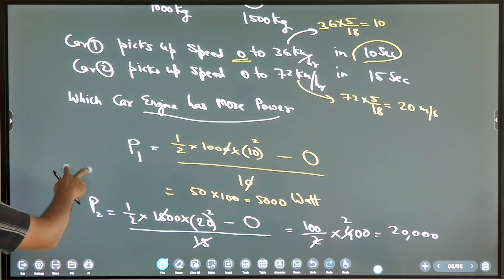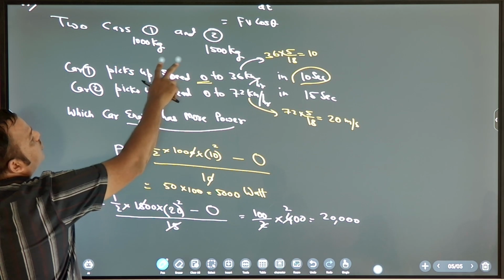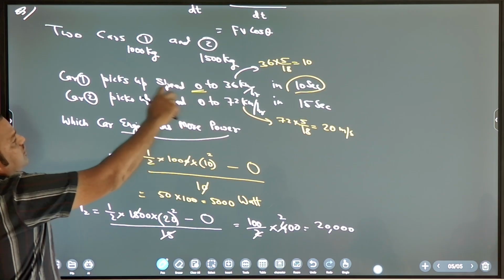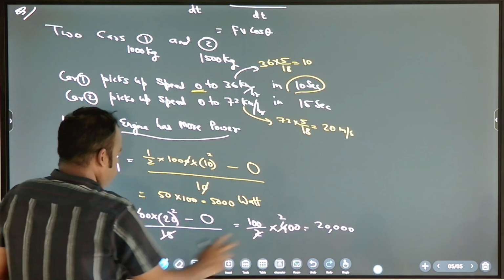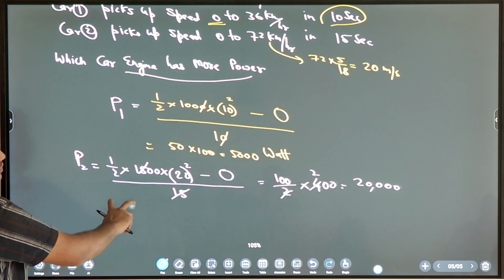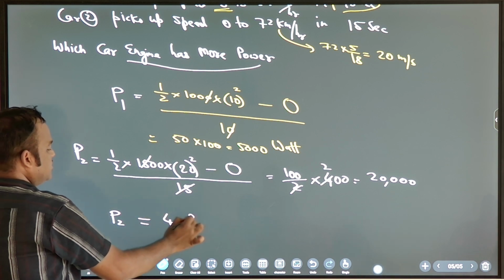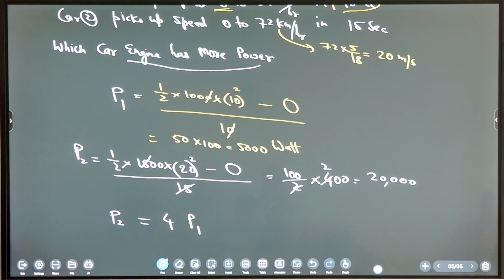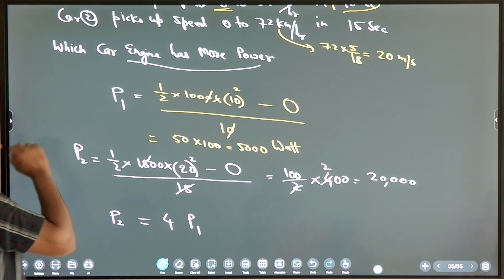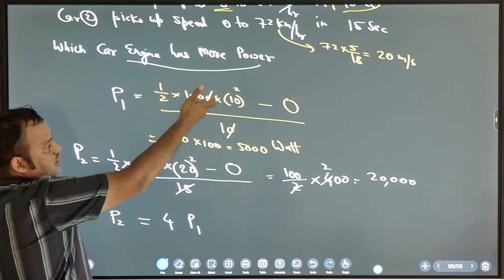So which has more power? The second car has more power. Clear? The power of the second car is 4 times the power of the first car. So mass is also important, because in the change in kinetic energy, mass is coming.